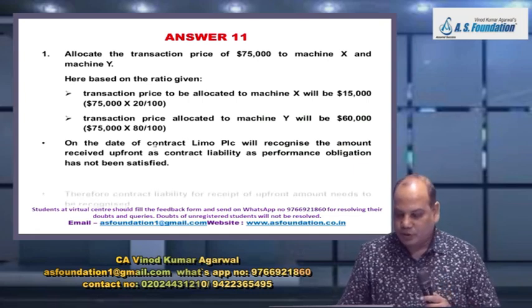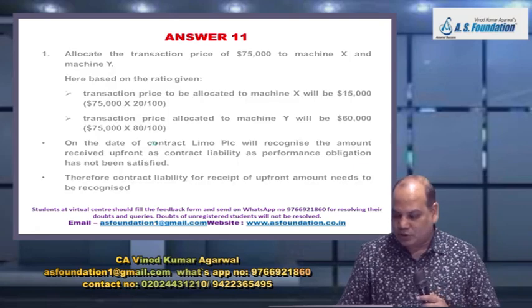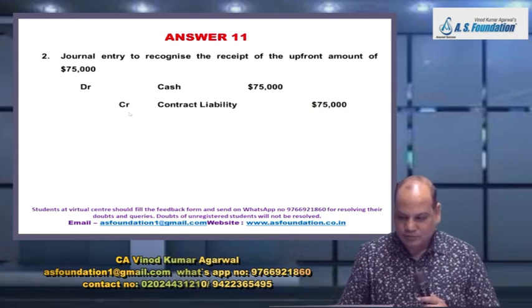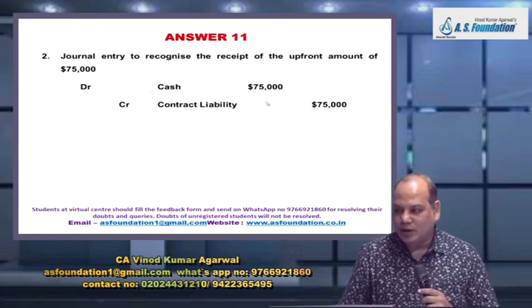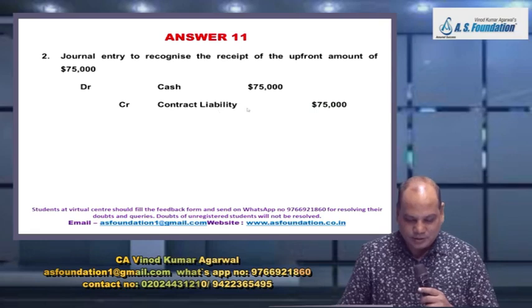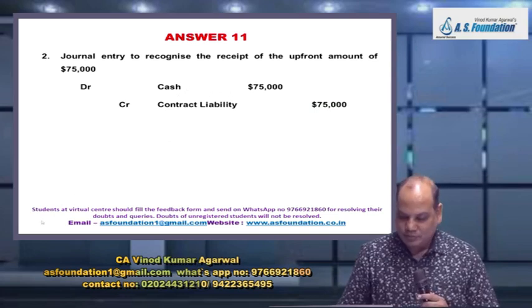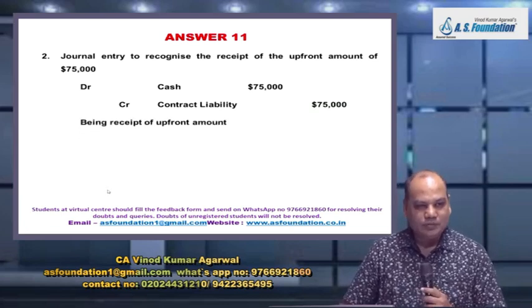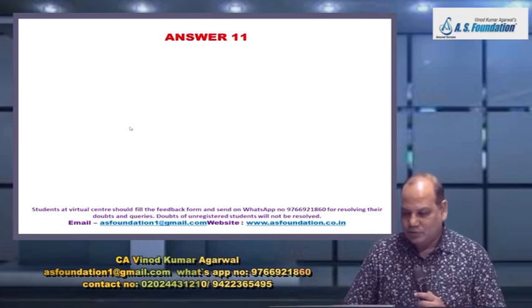No. The performance obligation is to deliver machine X and Y. So on day 1 you will not recognize revenue. You will show the amount received as liability. So journal entry number 1, first year beginning, cash account debit 75,000 to contract liability account 75,000, being amount received upfront.